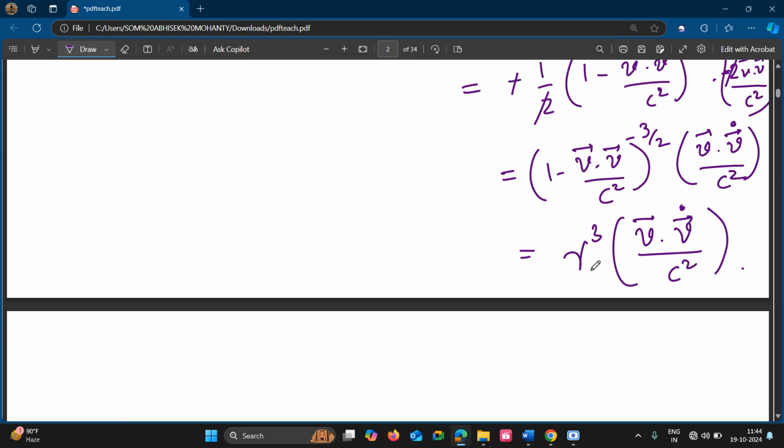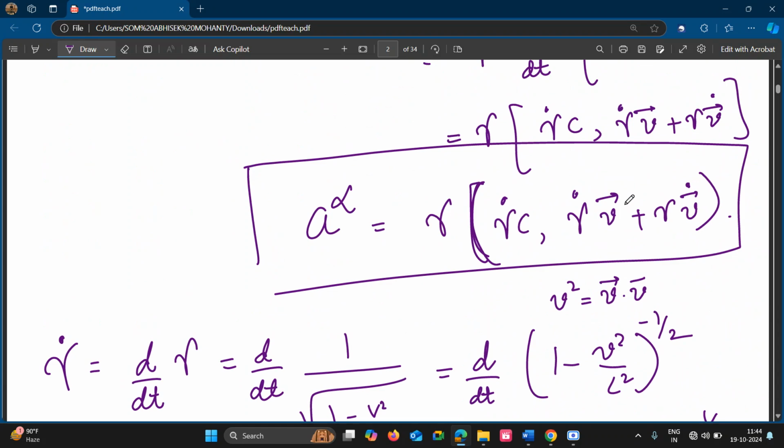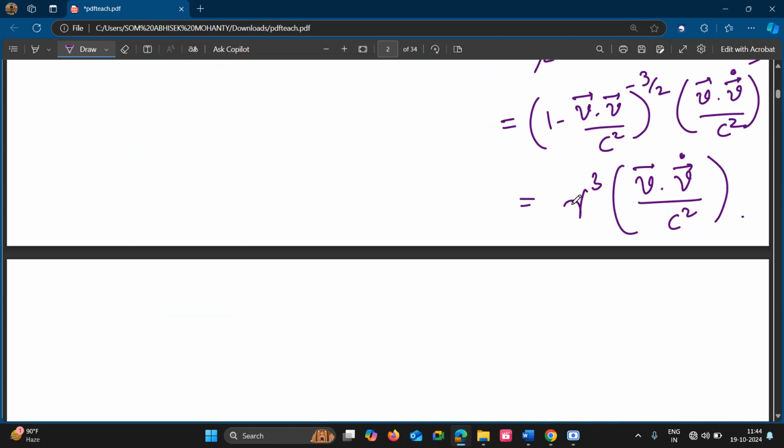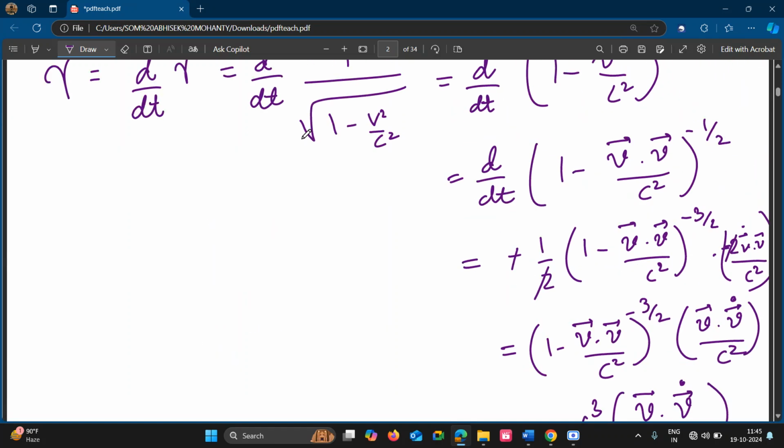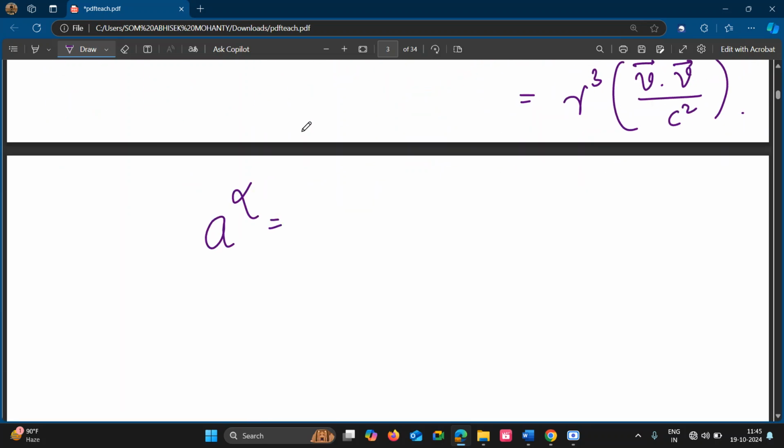So what will I do now? I will simply, in place of gamma dot, put it. So a alpha is equal to what we had got. A alpha is what? Gamma dot c, gamma dot v plus gamma v dot. So in case of gamma dot, we'll just put this one.